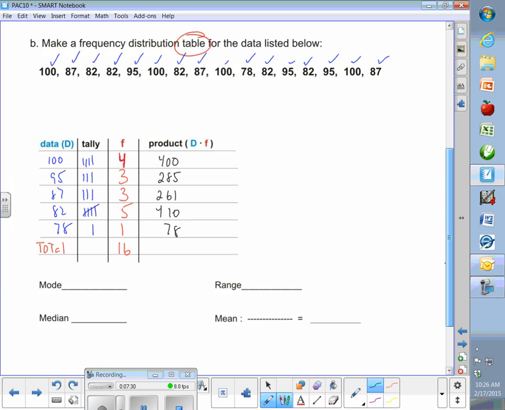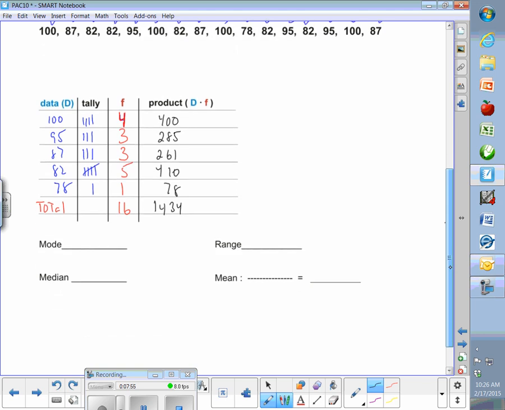So just grab your calculator and total up the data. And I've got to do that myself right now. So I'm doing that as I speak. There's the 410 plus the 78, and I got 1,434. Okay, there is your frequency distribution table.